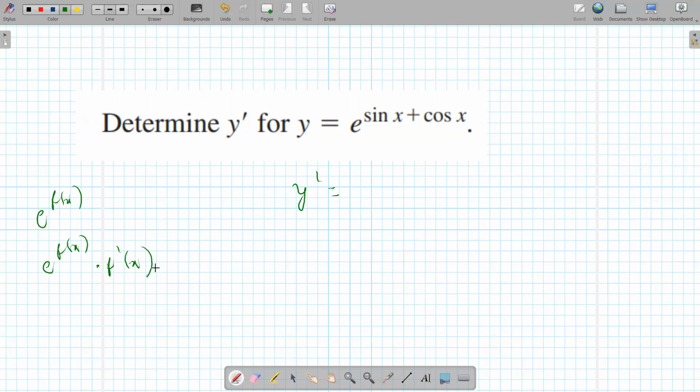Itself times cosine, plus this times cosine, that's it. What about the derivative of this? Minus sine, like that. That's it. One-step answer.